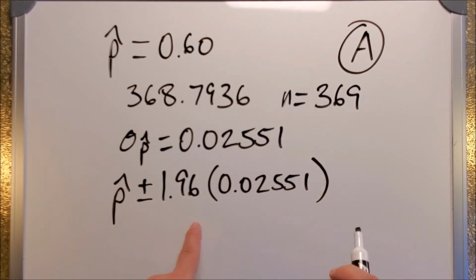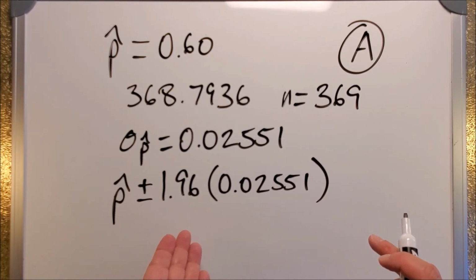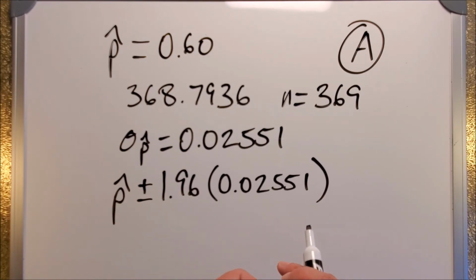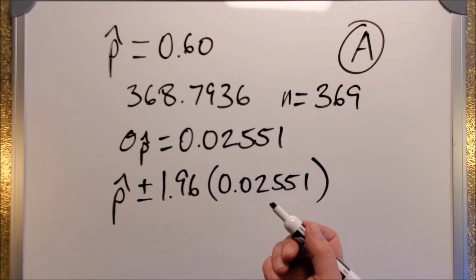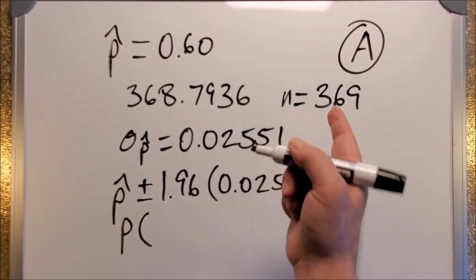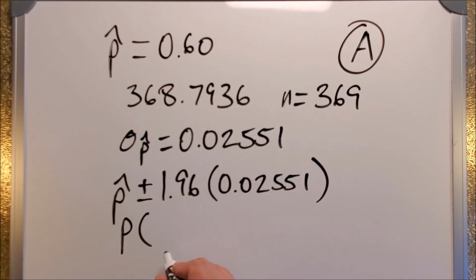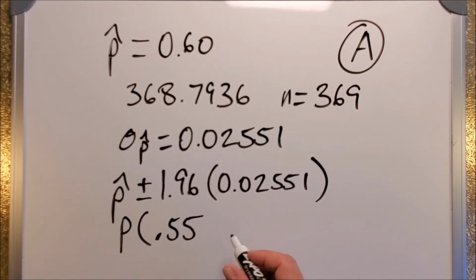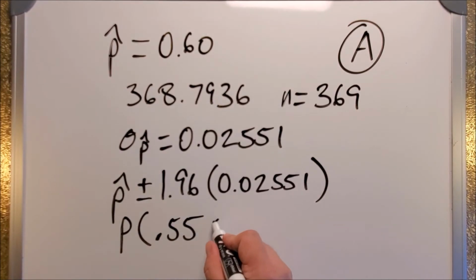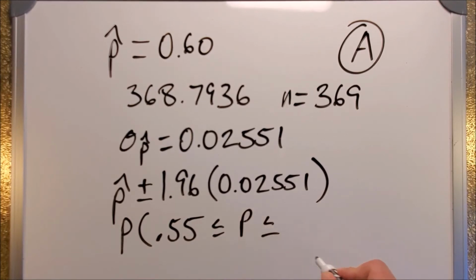And if we calculate that, we're going to get two numbers: the number where we're adding and the number that results from subtracting. Try it on your own and see what you get. What you should have gotten is what we were talking about before, 0.55 to 0.65.